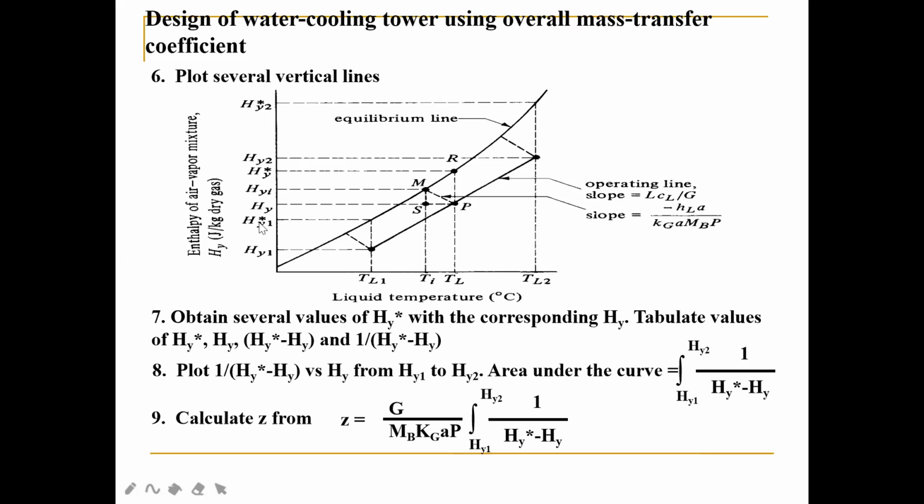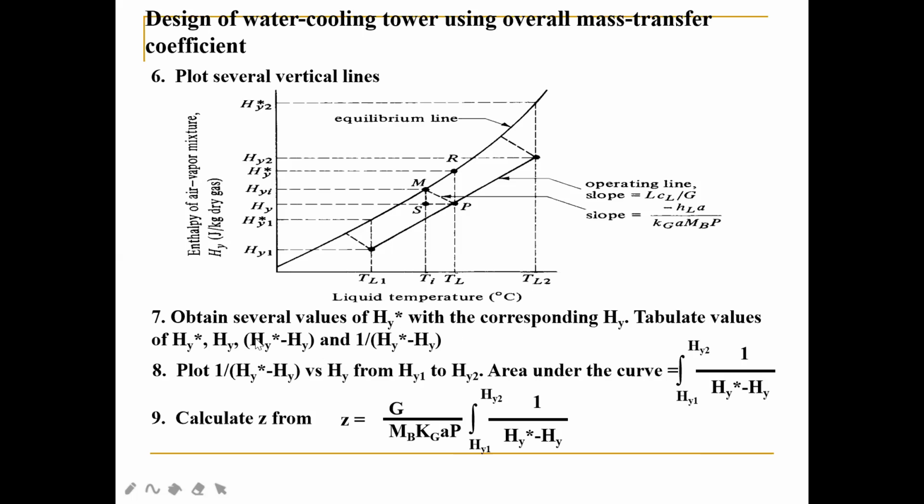Then you plot the 7 values that you get from HY star. You will calculate the value of 1 over HY star minus HY, where HY is the value that you get for the same temperature. You actually have to do an extensive table to get all these values and to get the area under the curve for this part of the equation.